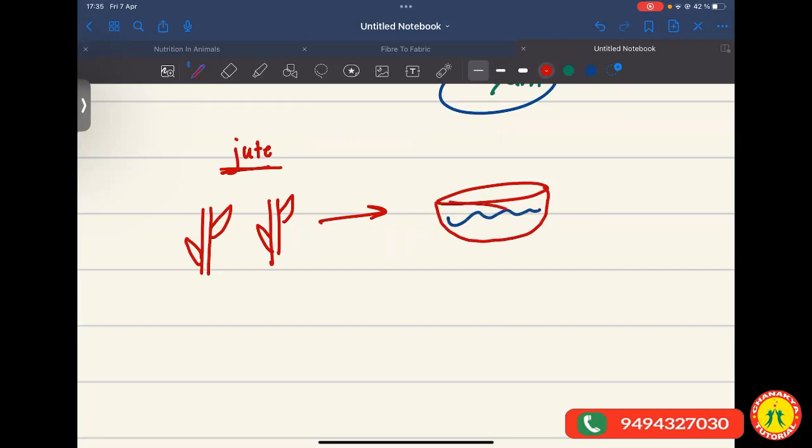All these stems are put in the water. Now, just imagine you're taking a fruit, an apple or orange or anything, putting it in a bowl of water, leaving it on your table for months. What happens to the fruit after months of putting it in water?